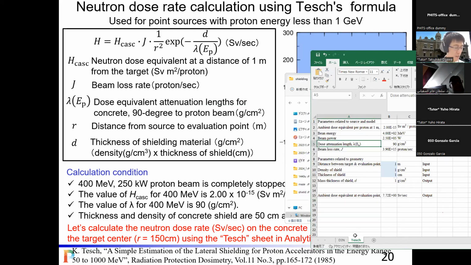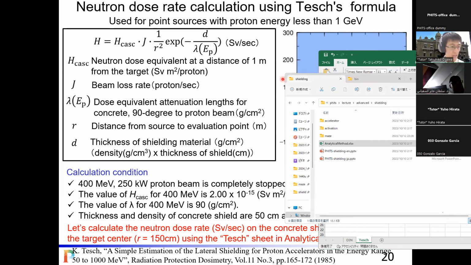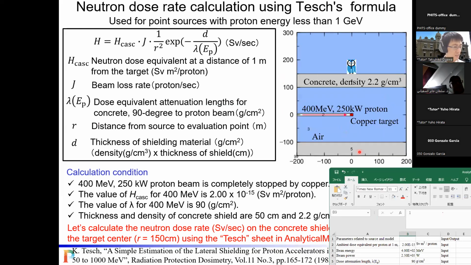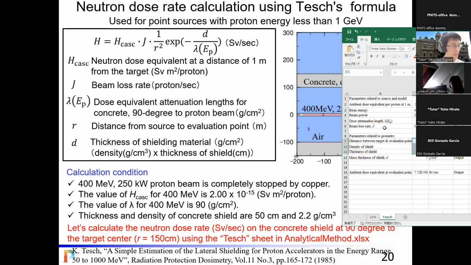In the second sheet, there's a sheet named TESH, and this is the pre-made table to calculate the dose in this condition using the parameters of this irradiation facility. So first of all, please try this exercise to fill out these 3 cells to calculate the dose. Please try.